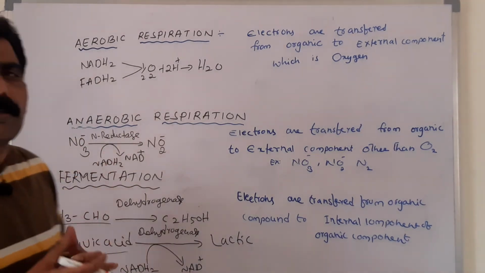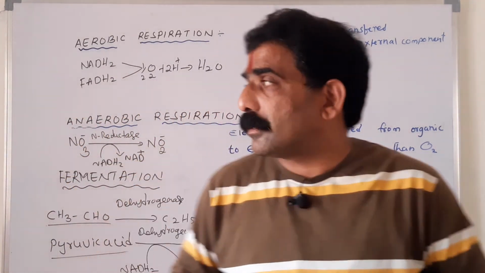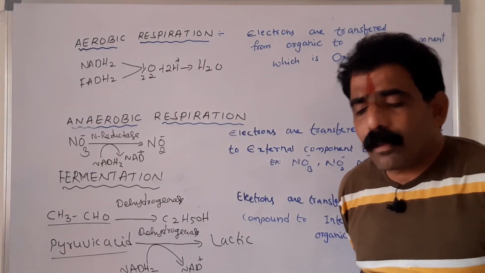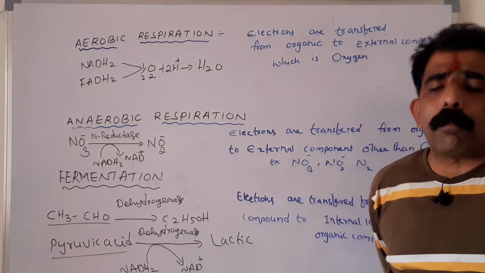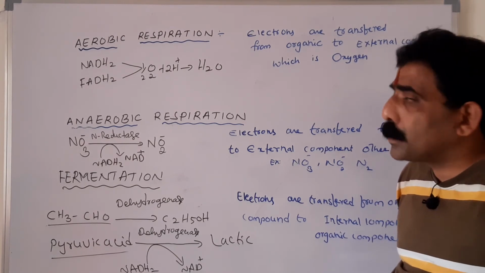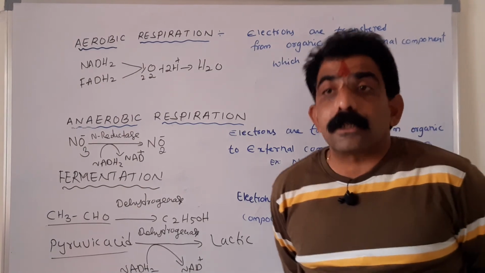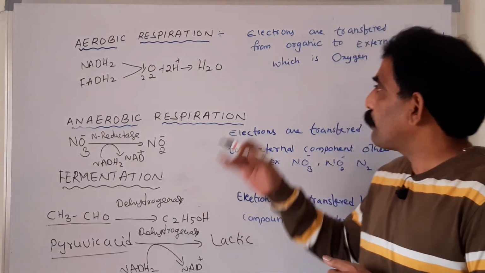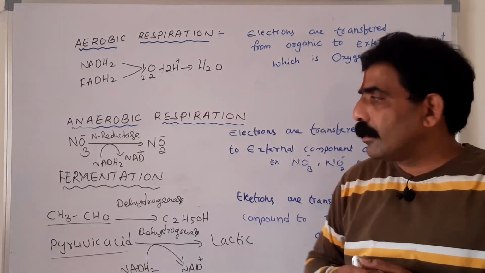So coming to the biochemical definitions, first I will take aerobic respiration. Aerobic respiration is the process in which electrons are transferred from organic to an external component, which is nothing but oxygen, as I have mentioned here.